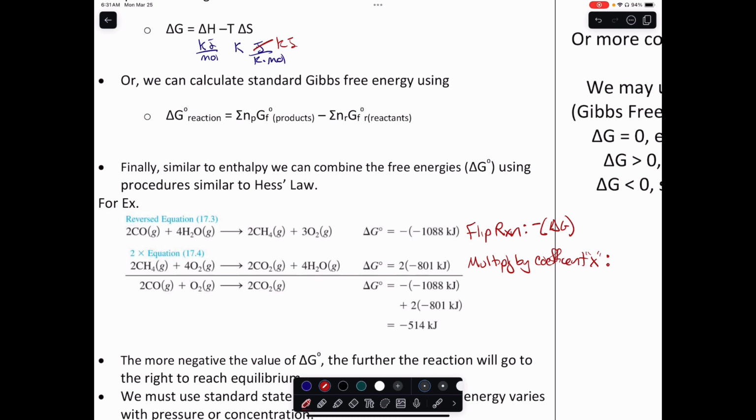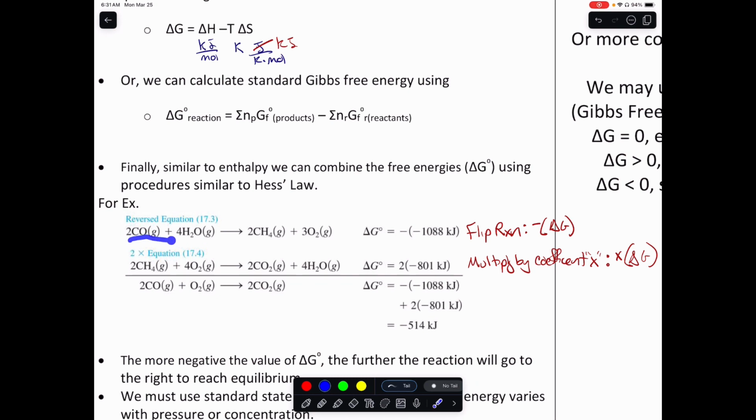And if that is the case, then the delta G value should be multiplied by that coefficient x. So those are the most common skills we will use when combining elementary steps to come to an overall delta G value.